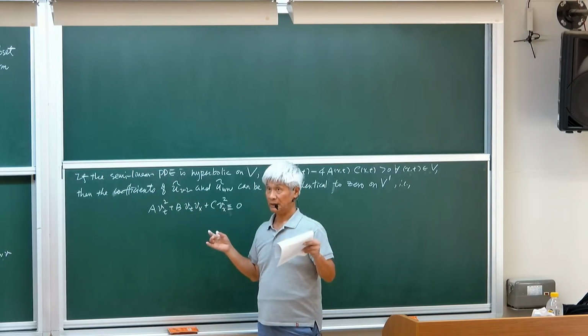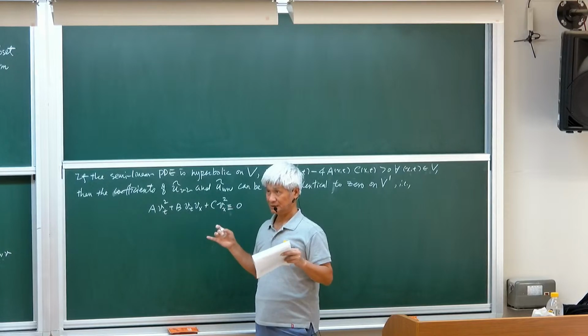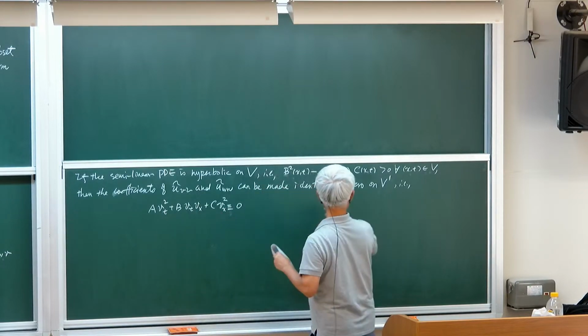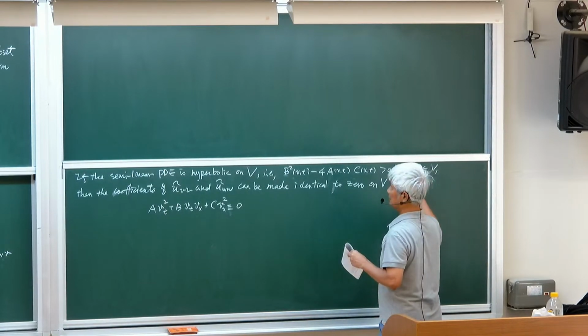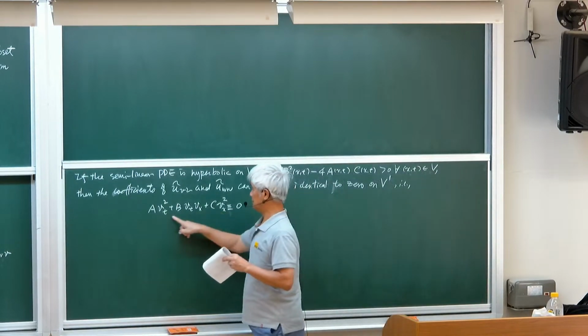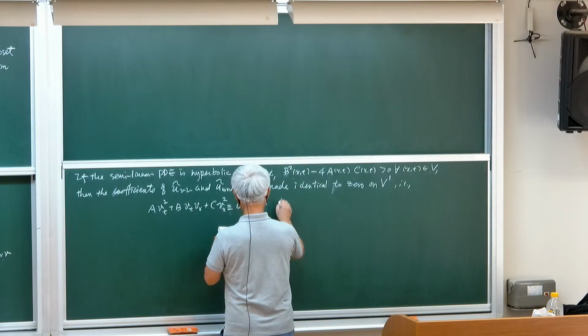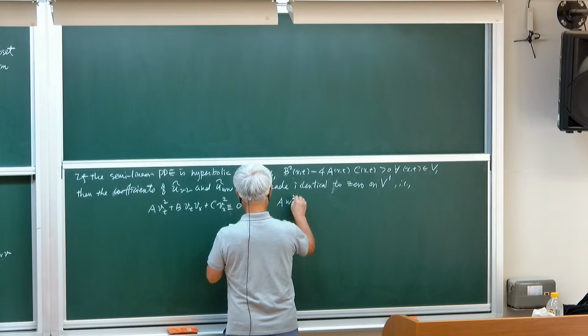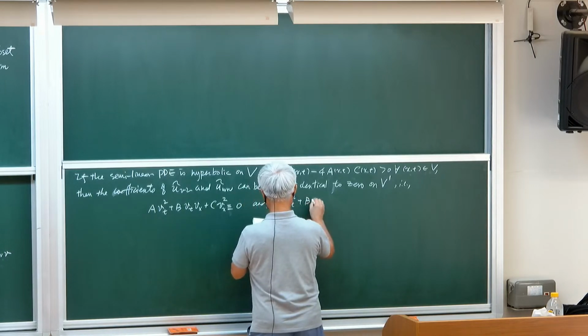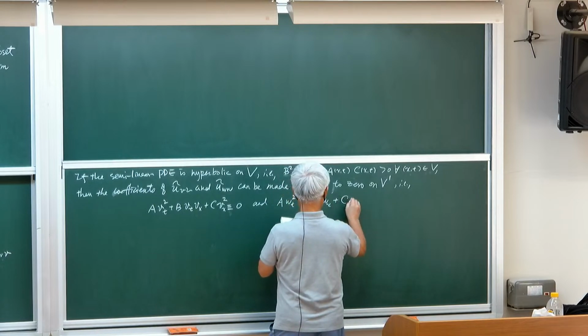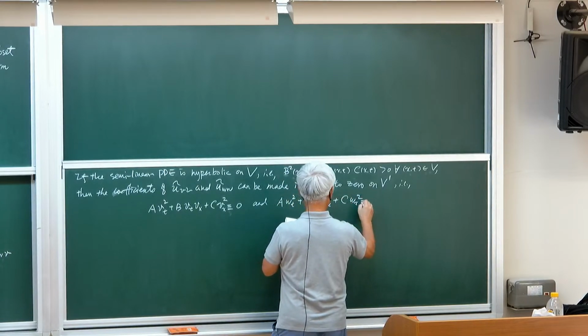Okay, as a function of x, t, and this is the 0 function. Okay, which means that if x, t is in V, then this is to be identical to 0. And also, we can make the other one identical to 0.